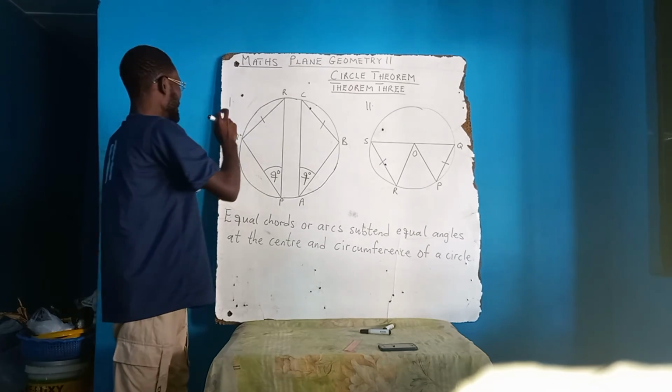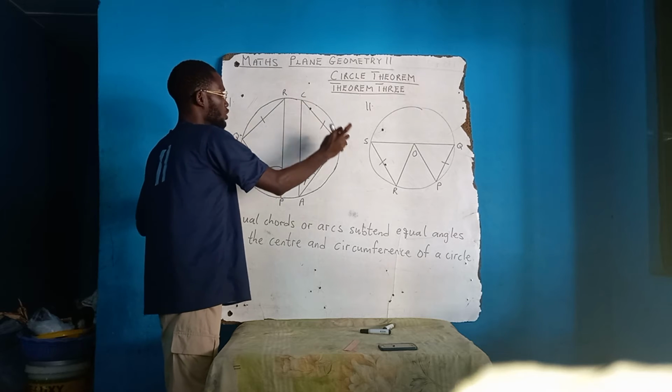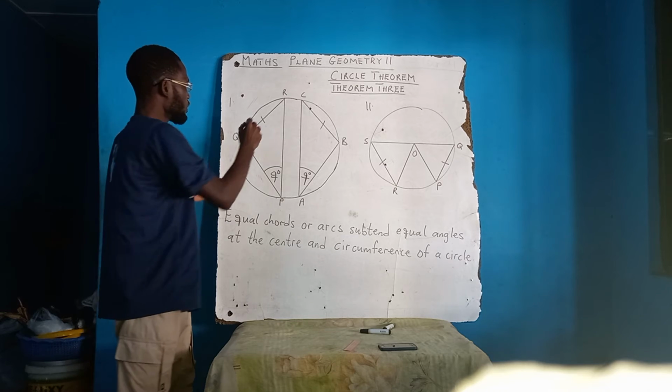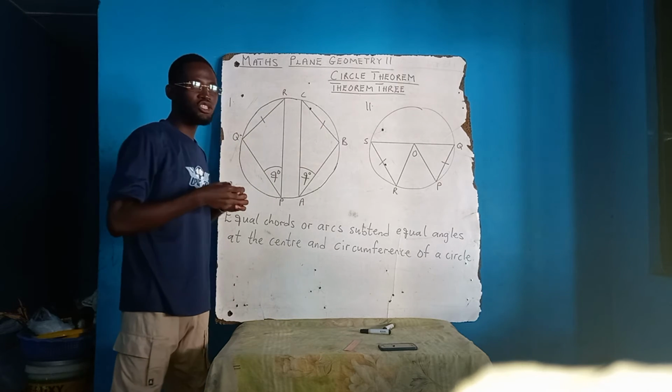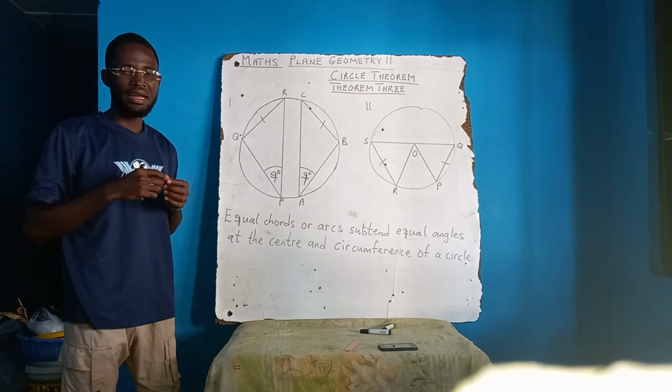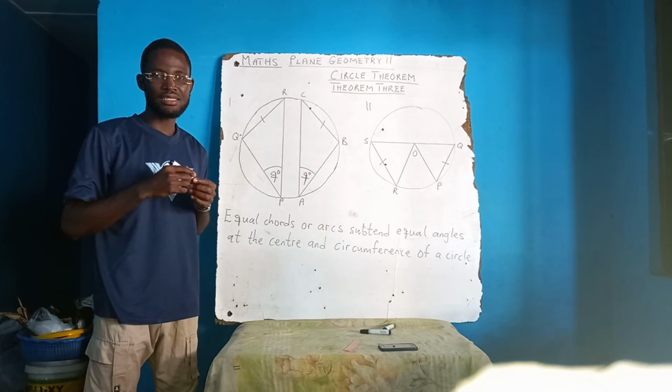The equal chords are chord QR being equal to chord BC, and technically the equality is shown when you have a mark on each of the chords, demonstrating that those chords are equal. And I trust you really apprehend such a signal.